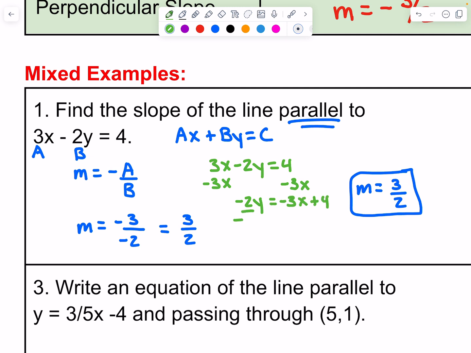Then we have to divide everything by -2 to get y by itself. So then we get y equals positive 3/2 x, and then 4 divided by -2 would be -2. Once again, you can see that your slope is the 3/2 that we found by doing -a/b. So either way, you get that slope, and then the parallel line to it would be the same.